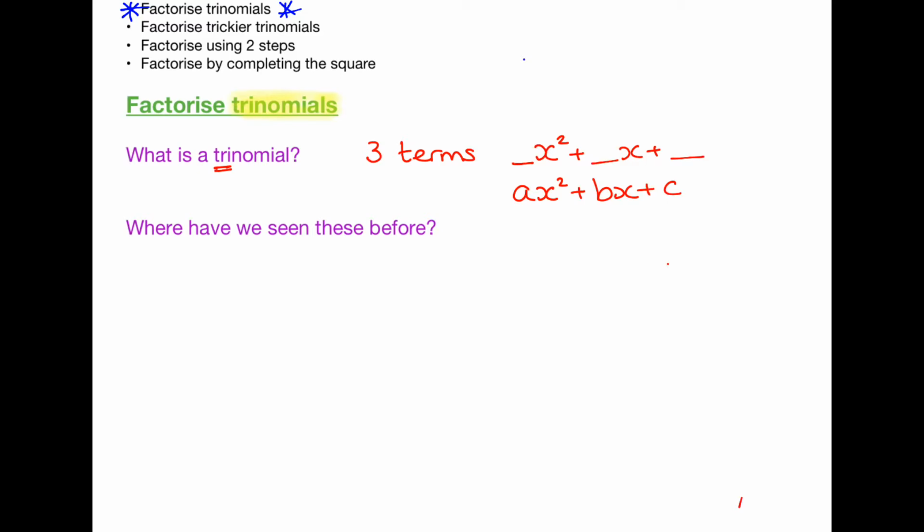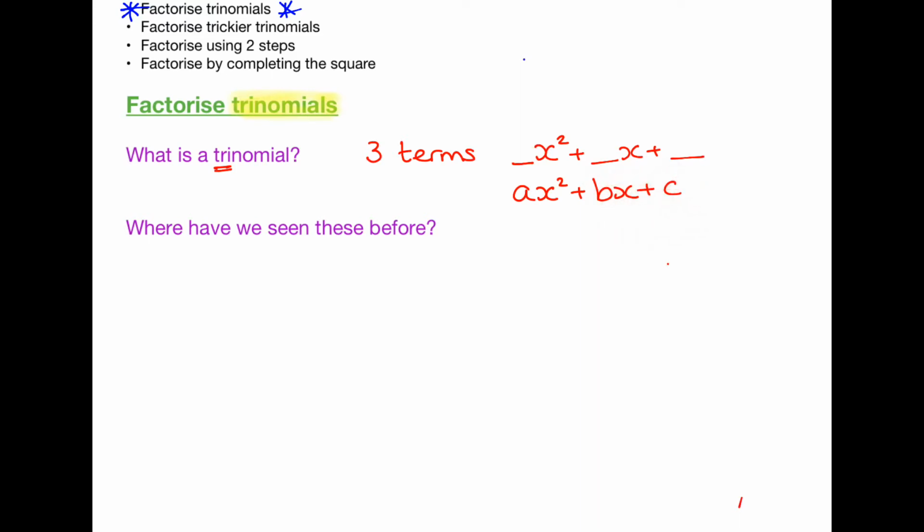So whatever amount of x squared we've got, whatever amount of x, and whatever number on the end. Okay, so that's a trinomial. It's an expression made up of 3 terms. One term is a squared term, one term is a letter term that's not squared, and one term is just a number.